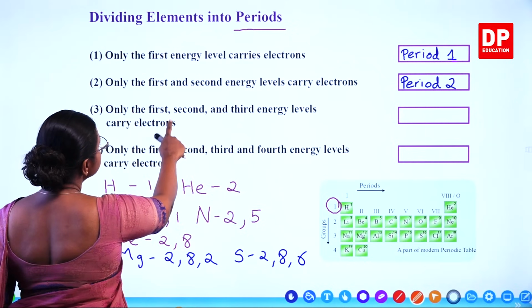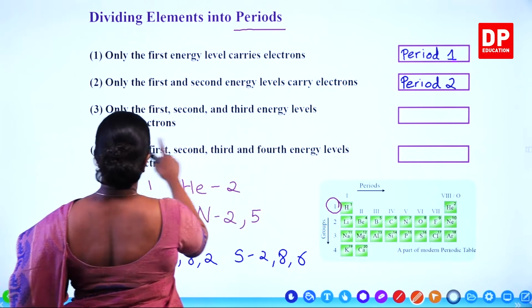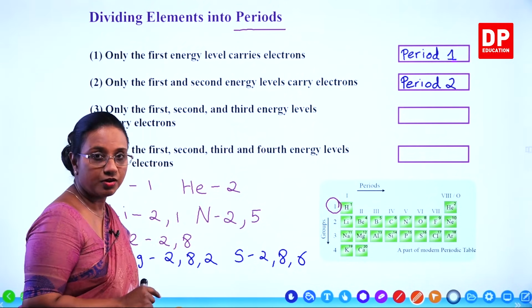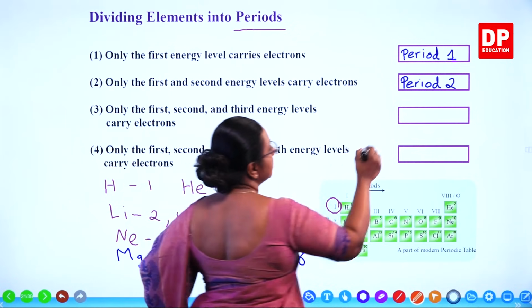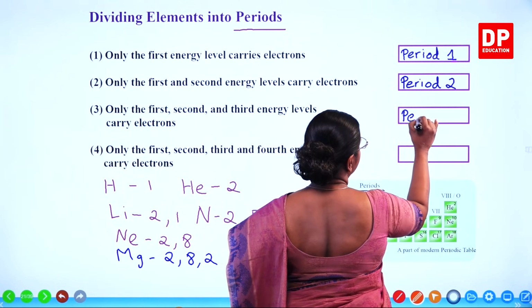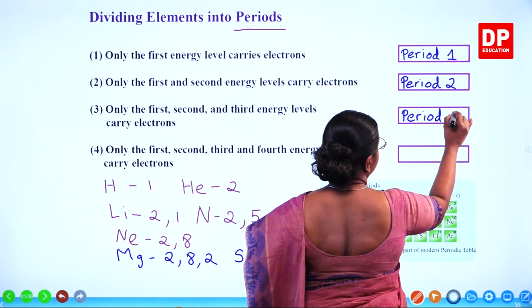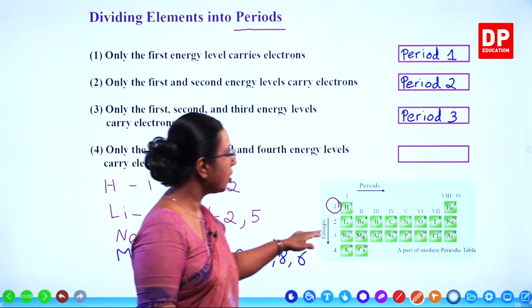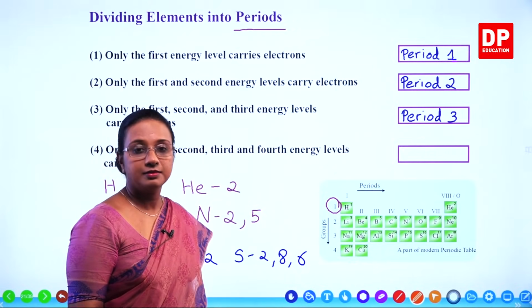Only the first, second and third energy levels carry electrons. So that means they all belong to period 3. They are all in period 3.